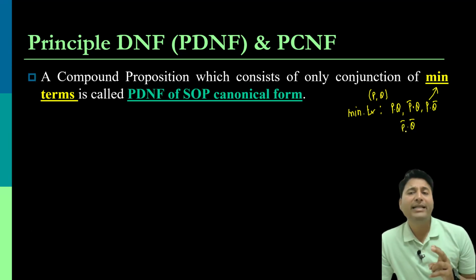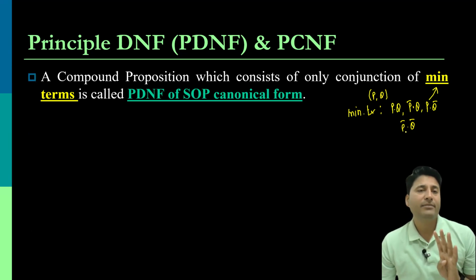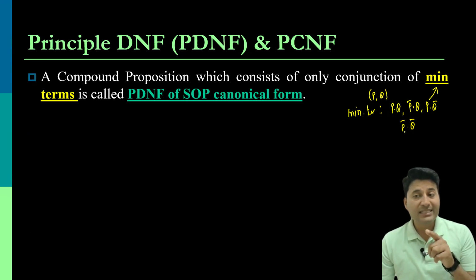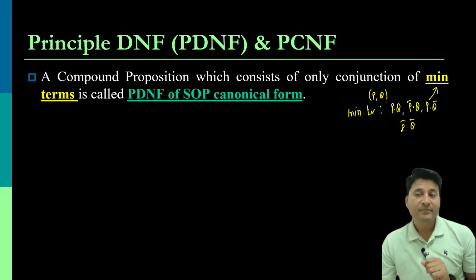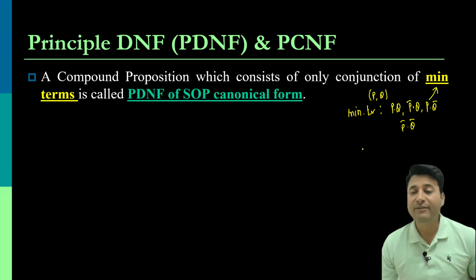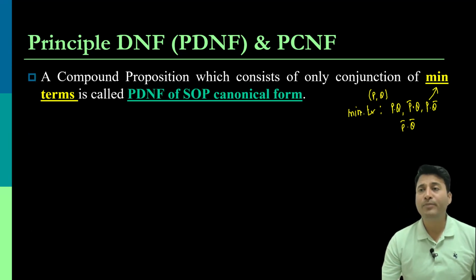So in case of two variables, we have four min terms. This can be considered the same as the input of a two-proposition truth table. Remember the two-proposition truth table? If we have two propositions, P and Q, what are the possible inputs? 2 times T, 2 times F, 1 times T, 1 times F.